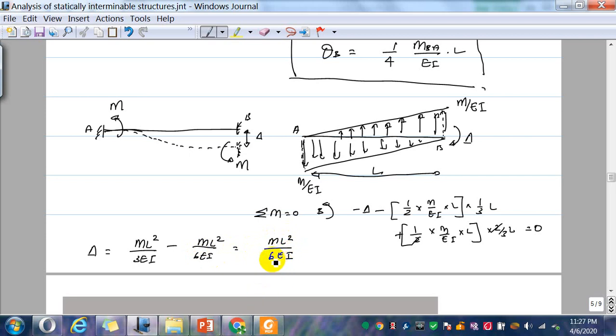So now we have a set of equations that relate moment and deflection, or moment and settlement, and moment and rotation. So now I'm going to rearrange these equations.